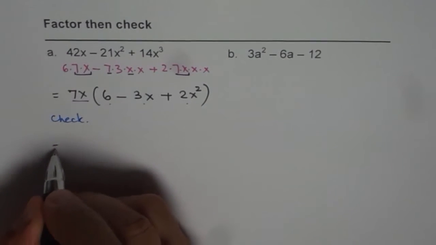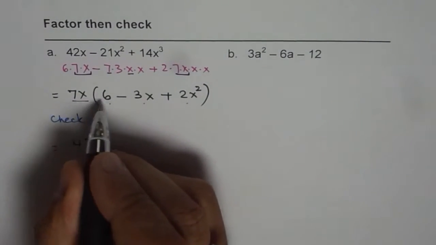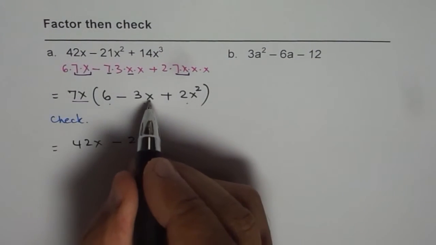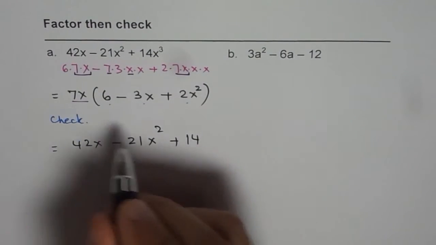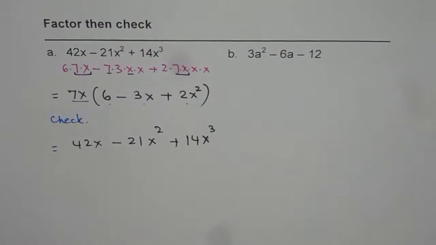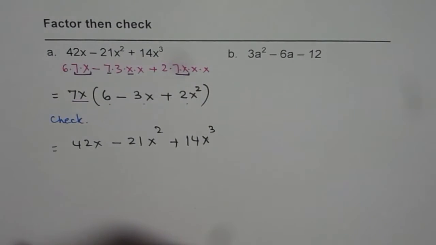So let's do it. 7 times 6 is 42, so we do get 42x, minus 3 times 7 is 21, x times x is x squared, plus 2 times 7 is 14, x times x squared is x cubed. So we do get the original expression. So that is the correct factorization of the given expression, correct? So that is how we check.